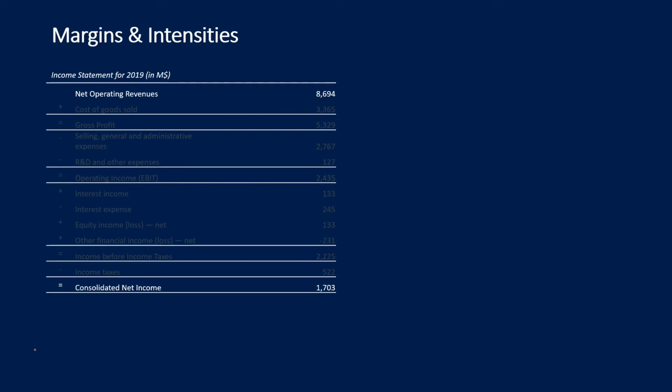Last but not least, we come to the bottom line result of the income statement, the consolidated or simply the net income. Of course, we can calculate something like a net margin. That is also called the profit margin. And of course, that is defined as the net income divided by sales.